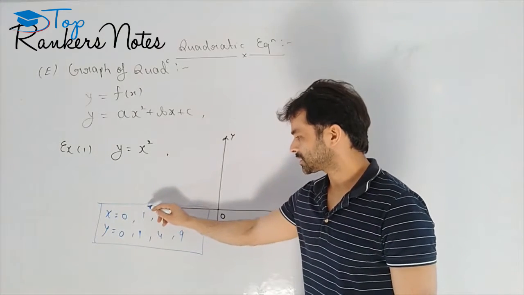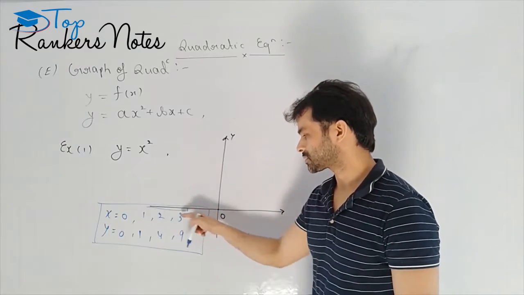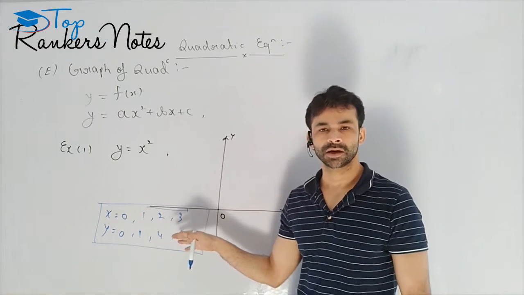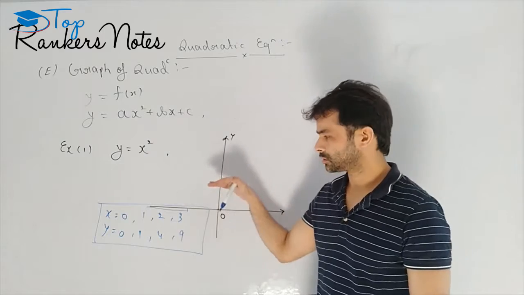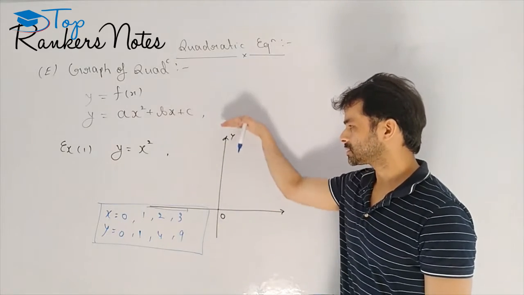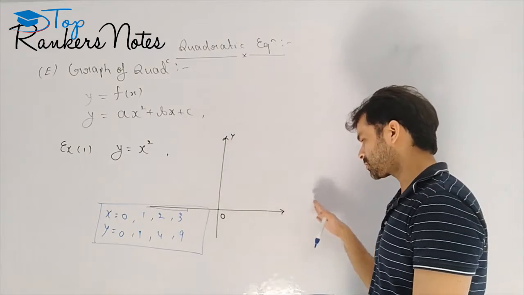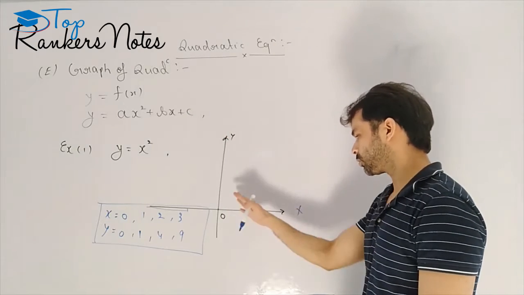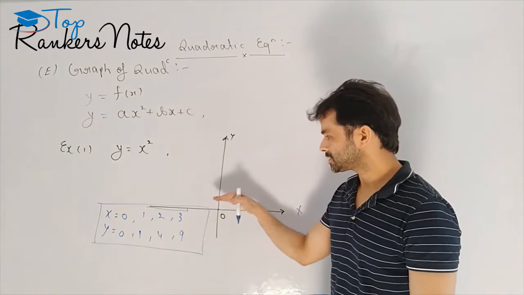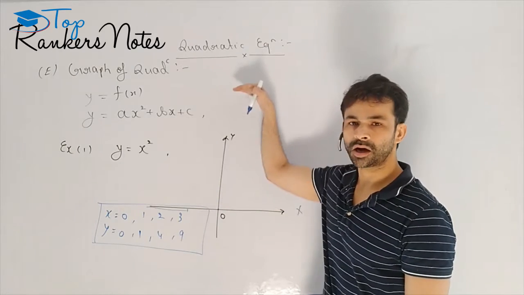As we are increasing the values of x, y is increasing and y is increasing more. So y increasing means this way, okay, along y axis. X is increasing means this way along positive x axis, and y is increasing more means it's going upward more.